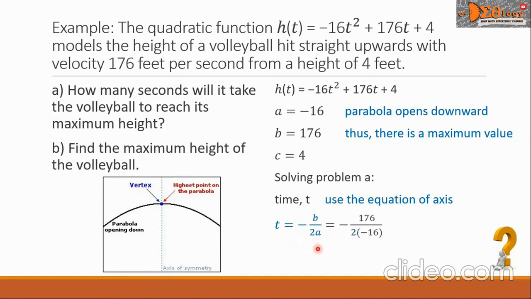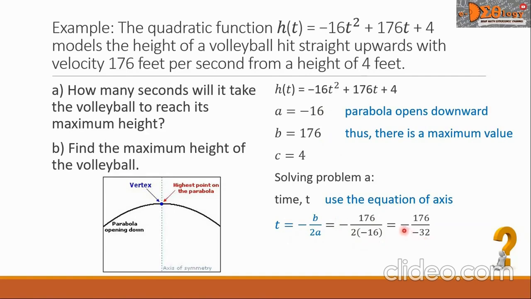Substituting the values, we have the negative of b, which is 176, all over the constant 2, multiplied by a. And our a is negative 16. Let us simplify our denominator. 2 times negative 16 will give negative 32.